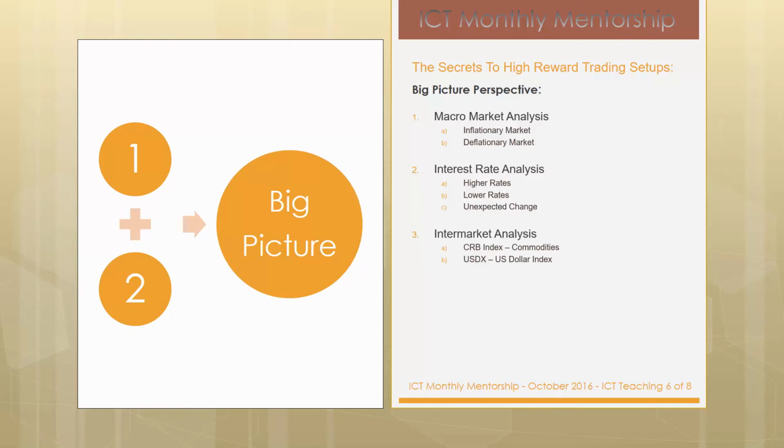And if we see that same time happening, where the commodity market wants to go higher and the dollar index wants to go lower, that gives us a framework for a high reward trading scenario relative to the big picture. So the only thing we're doing now is framing three areas of study.